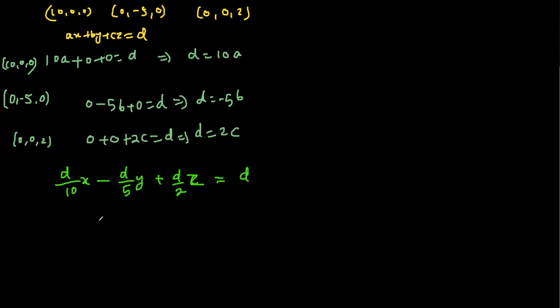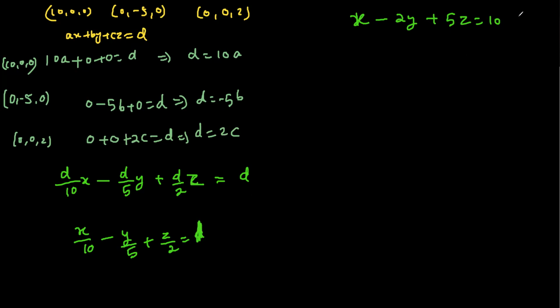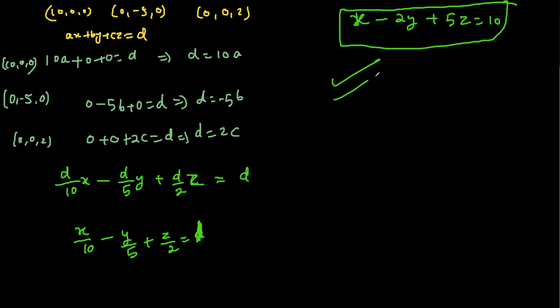Take D common. Multiply with 10 on both sides, you will get what? X minus 2y, 10d. Sorry, this is not d, this is 1, because you cancel d on both sides.